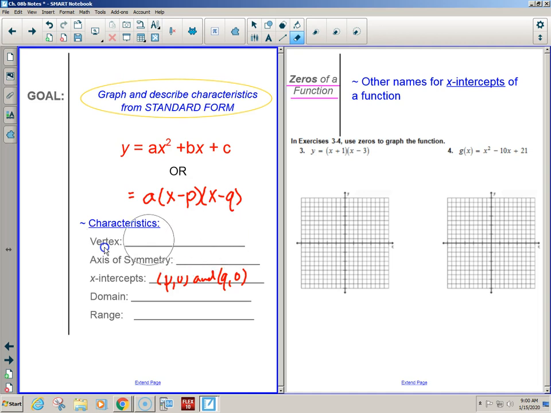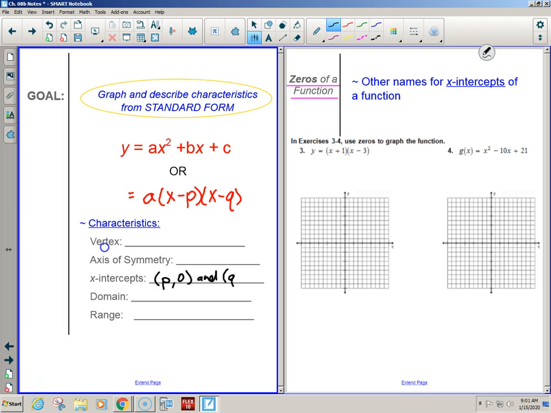Let's do this. I did this in a way yesterday that I think was good. I was reminding you that if we can get it in this nice factor form, like number 3 has, we can quickly fill in our x-intercepts of P, 0 and Q, 0.